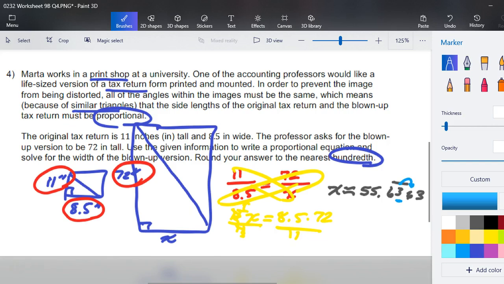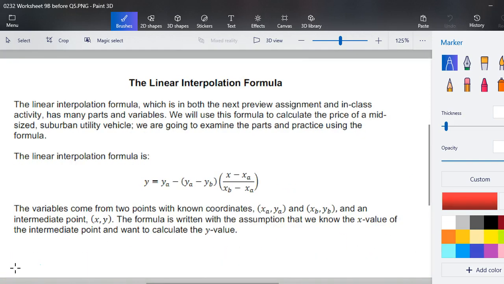I look at the 6, and my x is about 55.64 inches. So the base of our life-size tax form will need to be 55.64 inches.